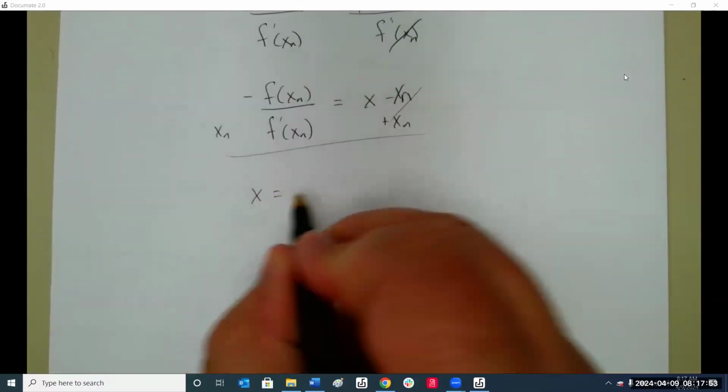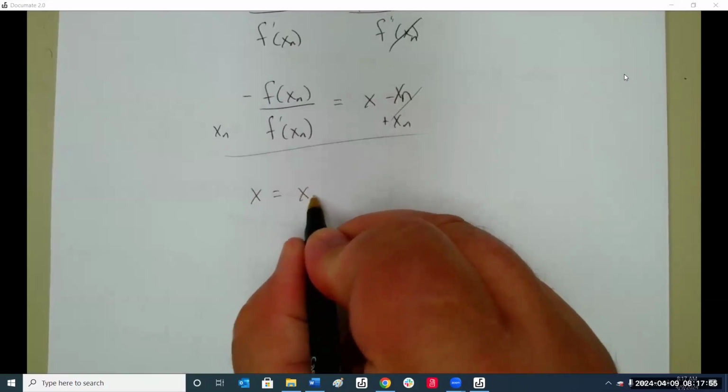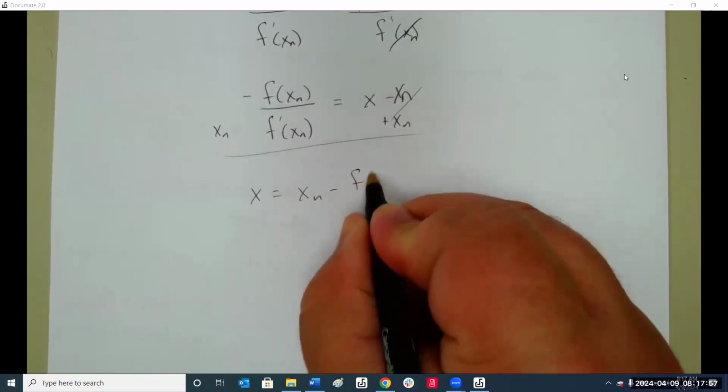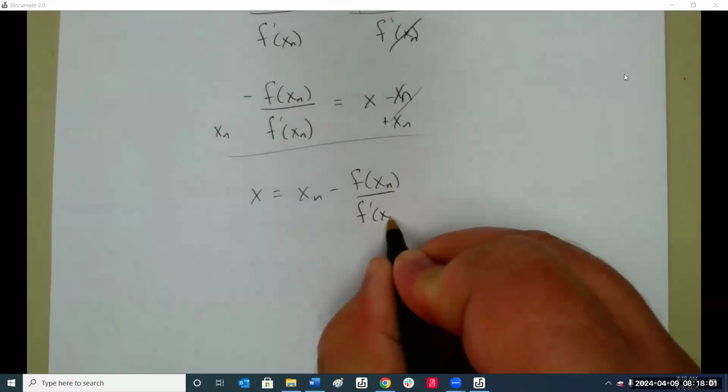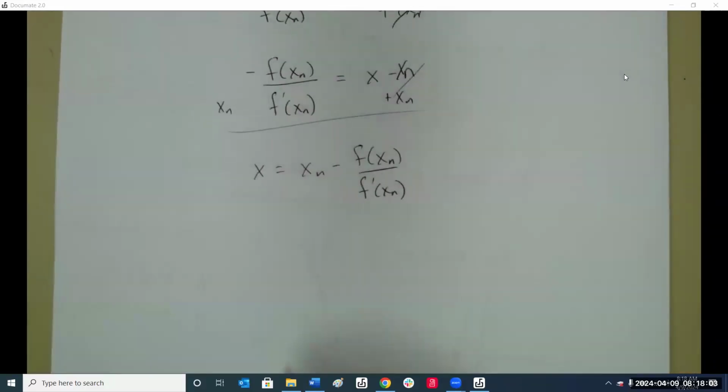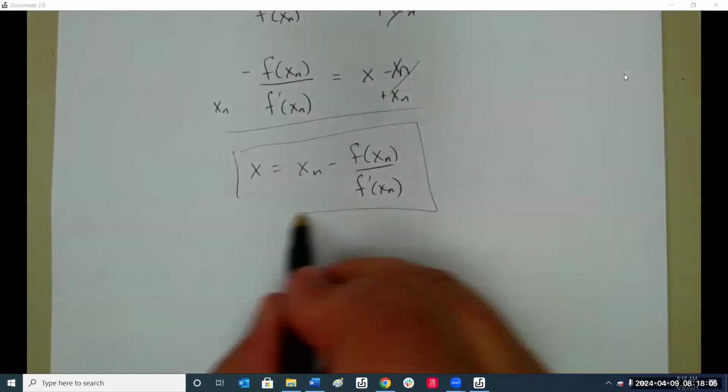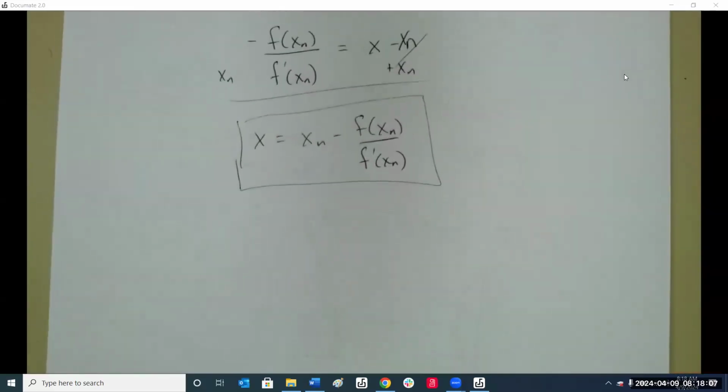So this is the formula we'll use to approximate the next value for x.